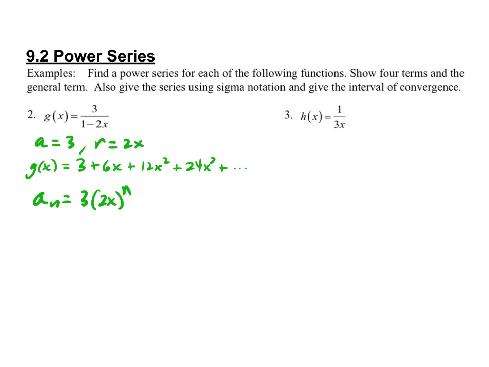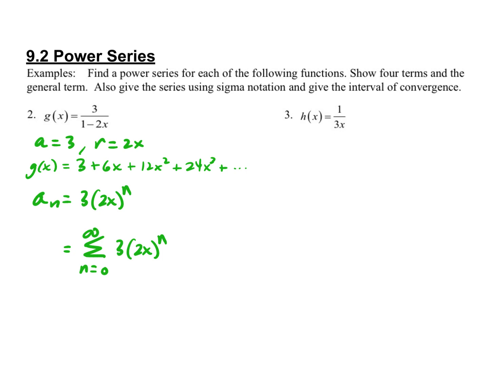So just be careful with that. It's determining what you want your series term number to start with. If you want n to be 0, that's fine. If you want n to be 1, you just have to make an adjustment there, all right? And so then my sigma notation just ends up looking like that, okay? So I start at n equals 0, we go to infinity, and then I just take my nth term and I plug it in there.